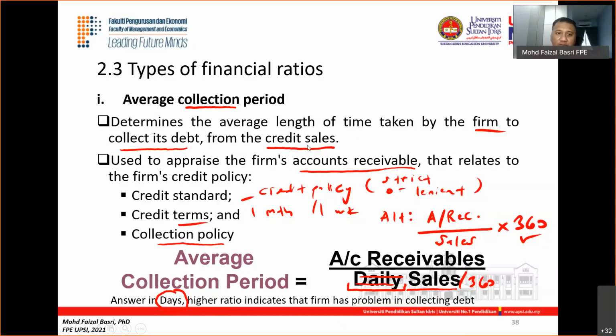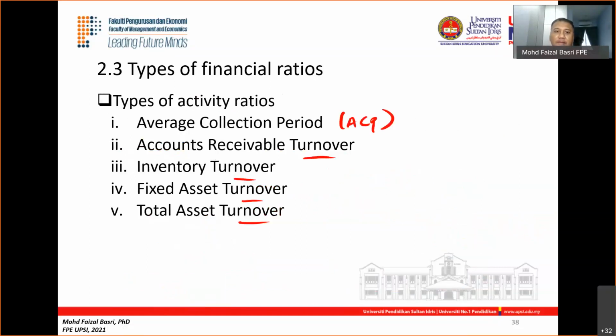So that's our first ratio under the activity ratios. Now, if you remember just now I said we have 4 other ratios, all with the word turnover. Let me go back here. We have 4 turnovers here. Just to get the idea of turnover, turnover here can be referred to as our sales.